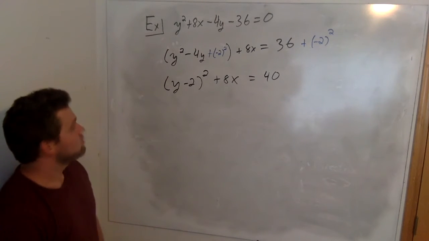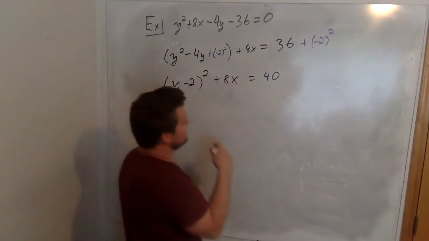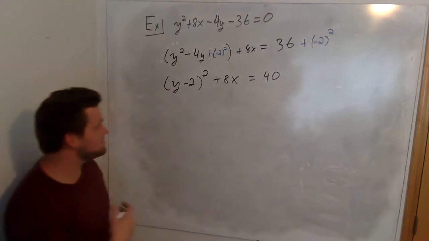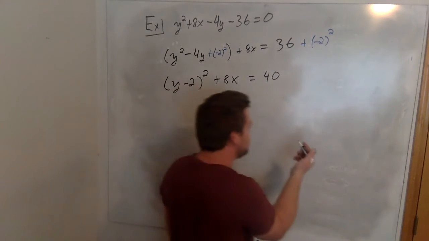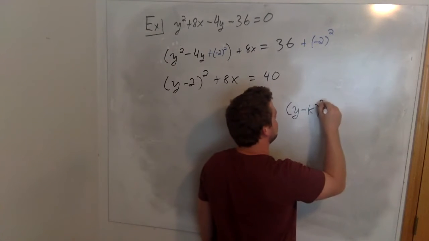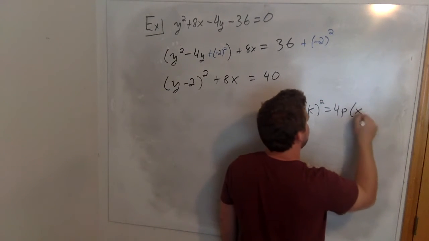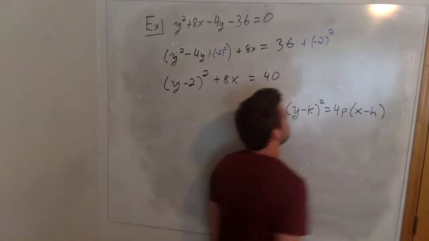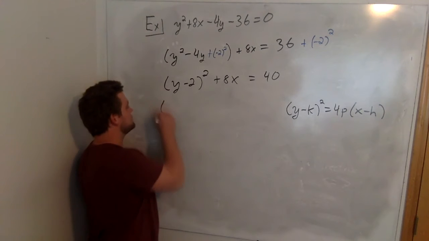Okay. I have this y minus 2 squared piece, and now I'm thinking what the general form is for a parabola that has y being squared. It'll be y minus k squared equal to 4p times x minus h. So I'm going to want to move the x pieces to the right.